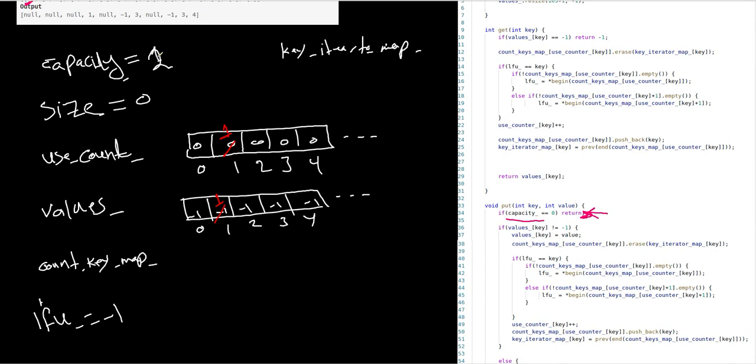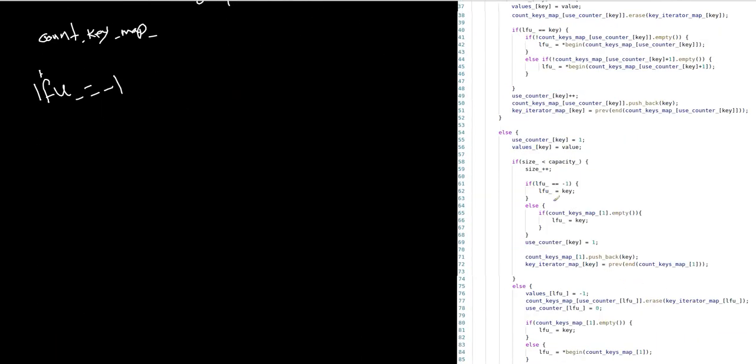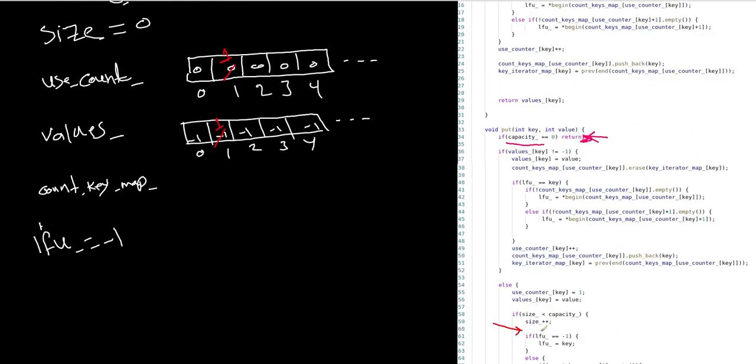Now size is less than capacity, which is 2. Then we need to go to this if statement. First we increase the size, so the size is 1. Then we need to check if LFU equals -1. It is -1. Then this key will be the least frequently used, so we assign the key, which is 1, to this variable.